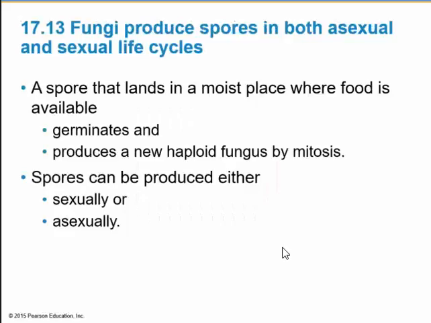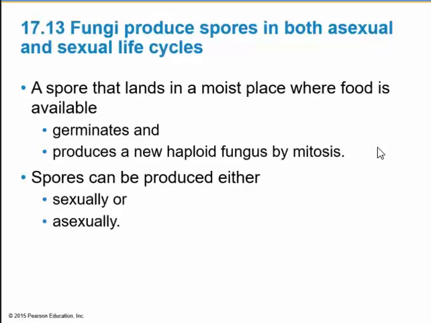Now, if the spore lands in a suitable place, it will germinate and grow into a whole new fungus. And I want to make a point here. Fungi are haploid organisms. They are haploid with only a diploid part, and the diploid part tends to be a single cell, not multicellular.